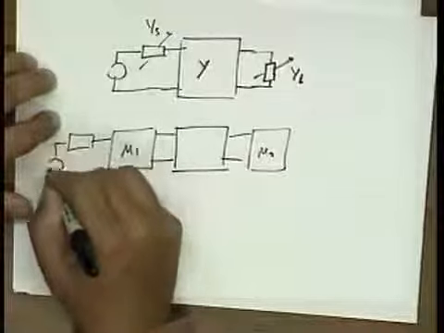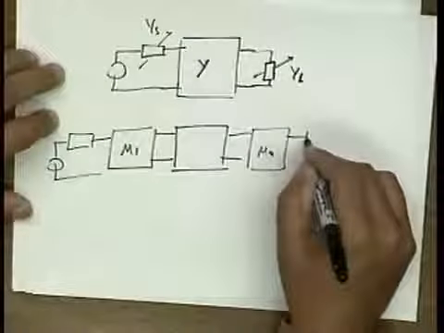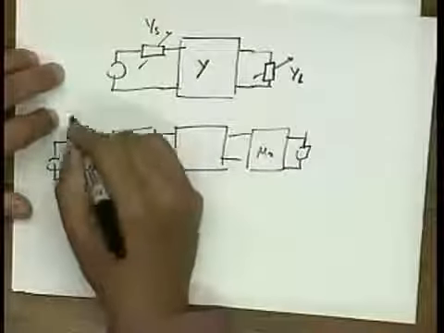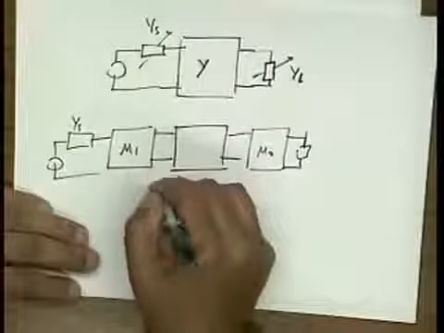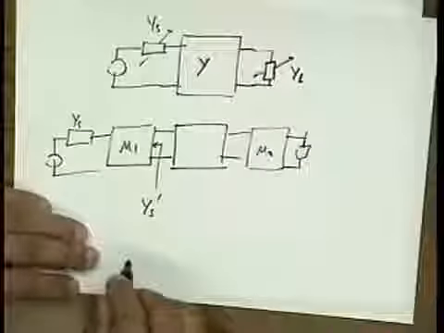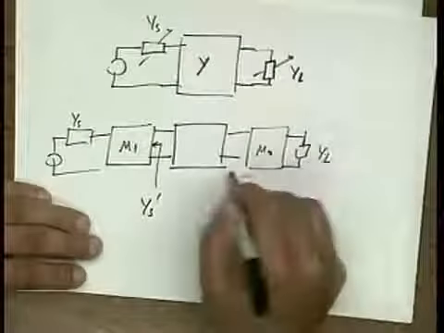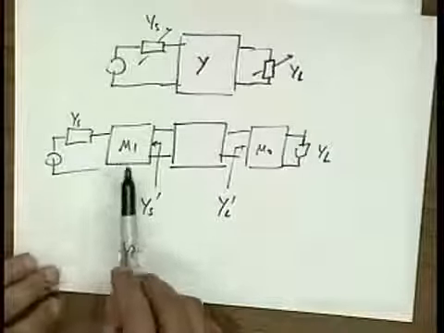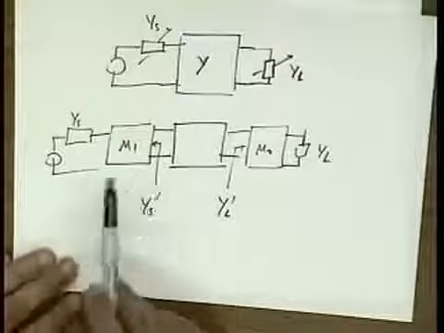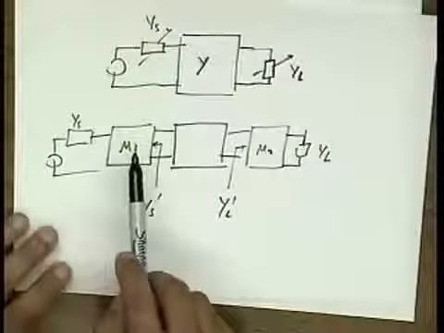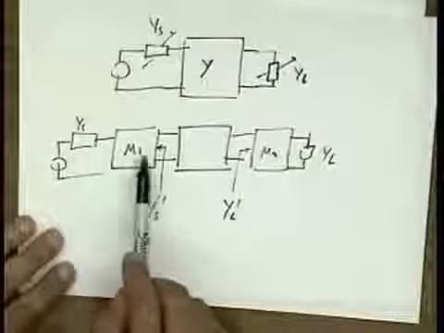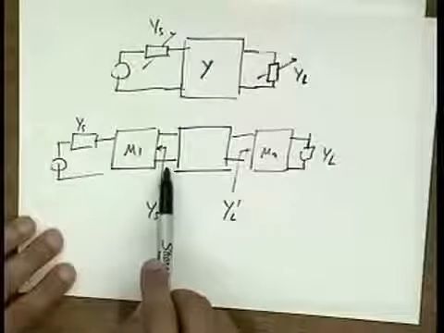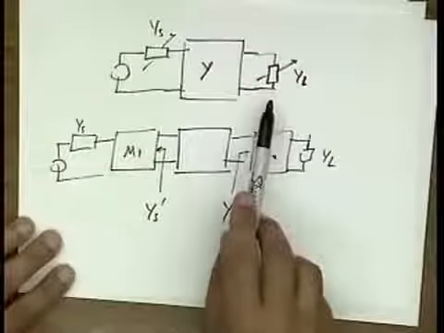And this matching network, what it does is it takes my YS and converts it into YS prime, and it takes my YL and converts it into YL prime. And I can design, as we'll learn in the next lecture, these matching networks to virtually synthesize any source admittance I want and any load admittance I want.